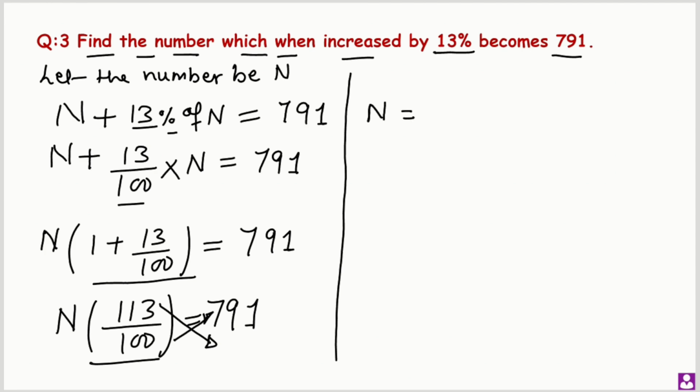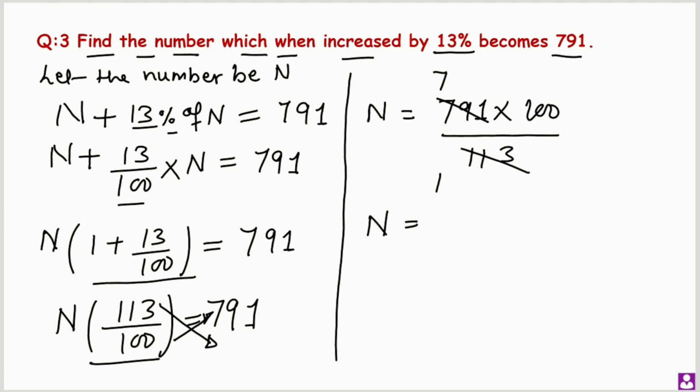So n equals 791 times 100 over 113. 113 times 1 is 113 and this will go with the 7. So the number is 7 times 100, which is 700.